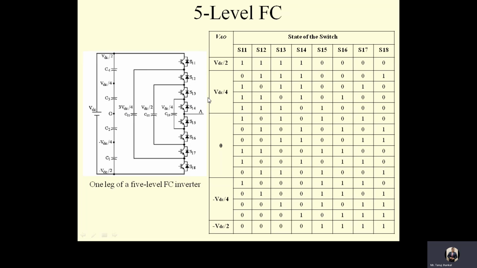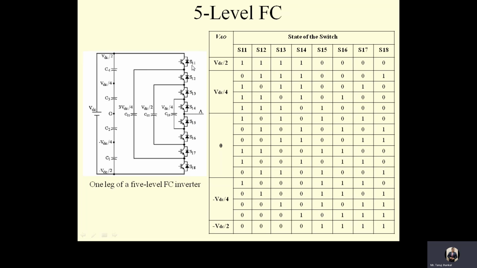Now if I want to get VDC by 4, I have to just turn off this S11 and turn on S15, as these are complementary in nature.